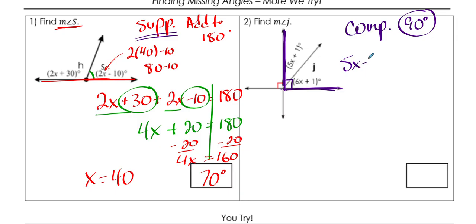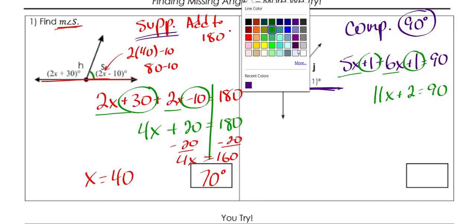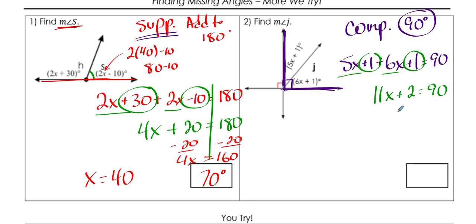So 5x plus 1 plus 6x plus 1 equals 90. Combine like terms, gives me 11x plus 2 equals 90. Subtract 2 from both sides, gives me 11x equals 88.